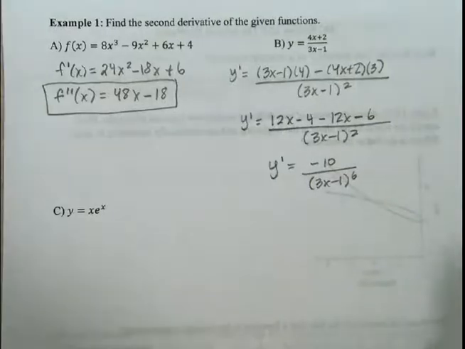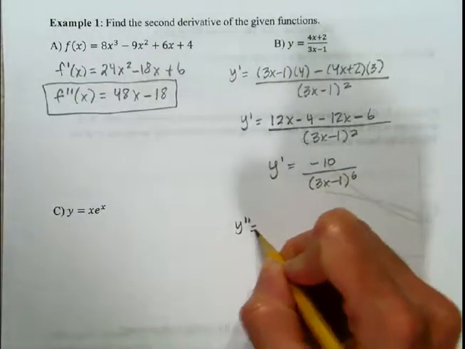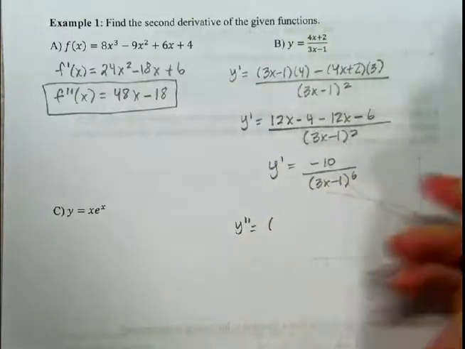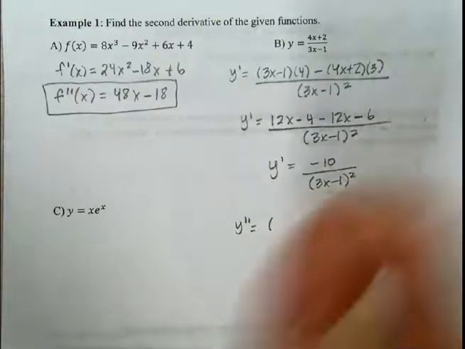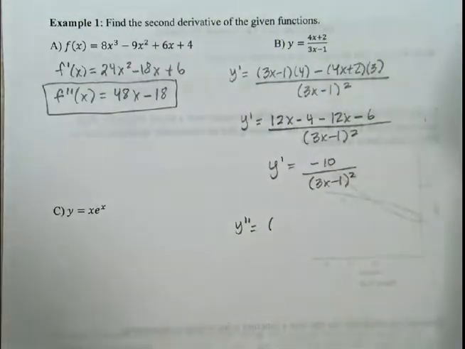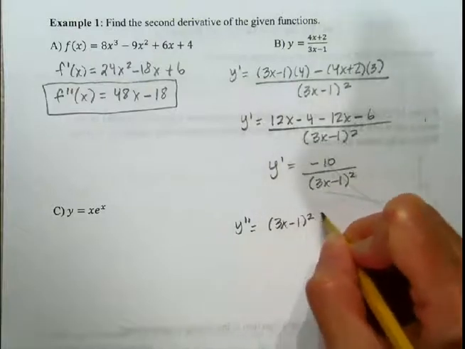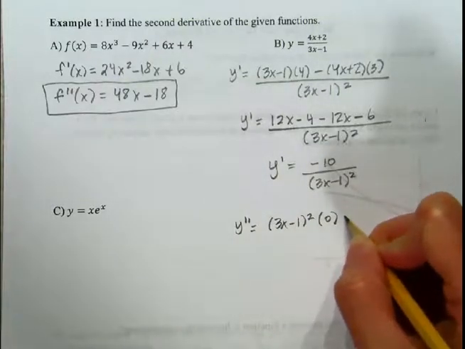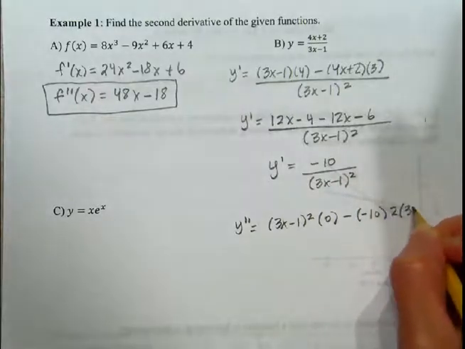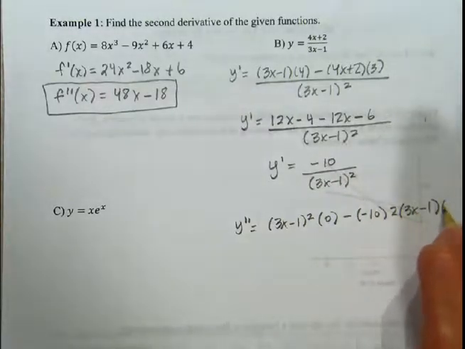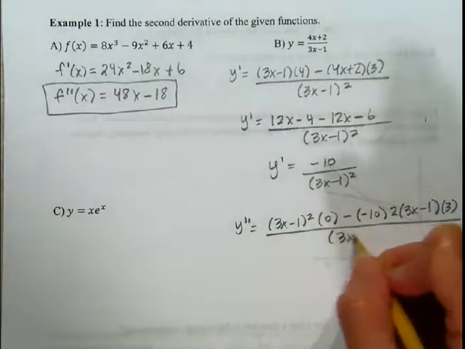This is why I left all this space right here on this page. Okay, so the second derivative would be, why did I put a 6 right there? That's a 2. Good thing I found it before you did. Okay, so low d high minus high d low over low squared.